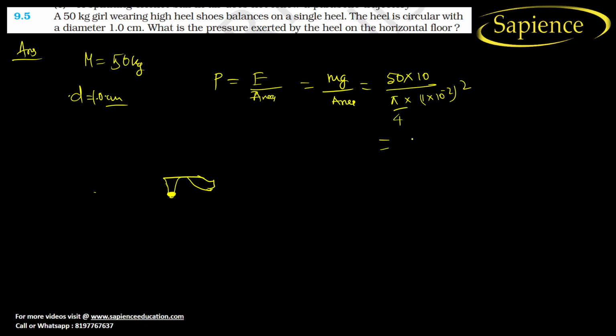So finally it will be 50 into 10 divided by pi into 10 to the power minus 4, which is 5,00,000 into 10 to the power 4 divided by pi.